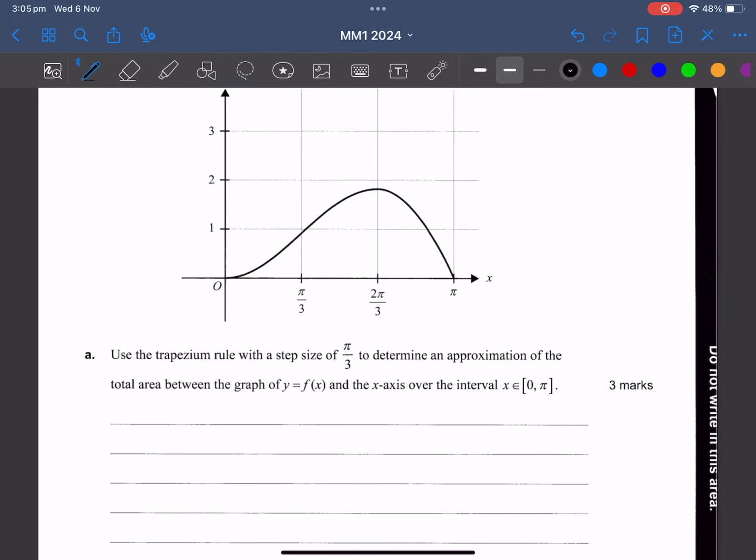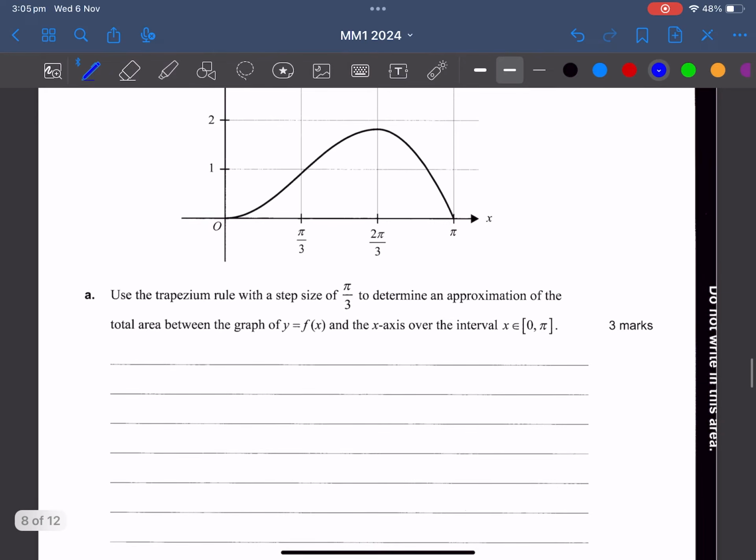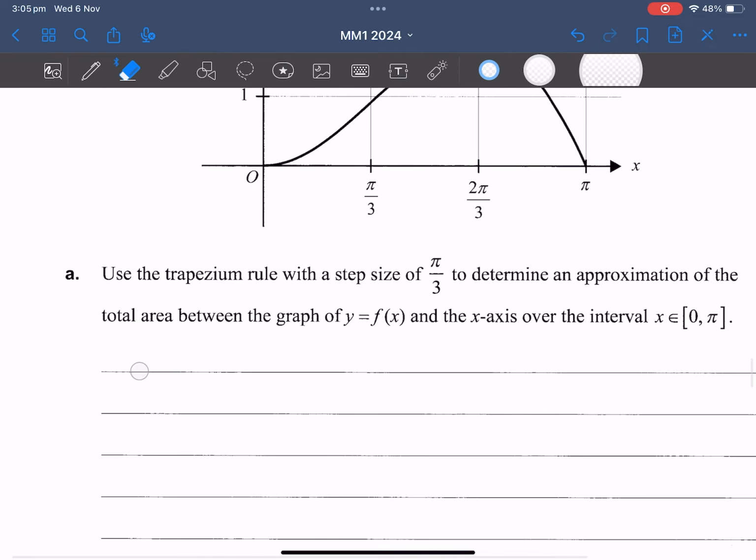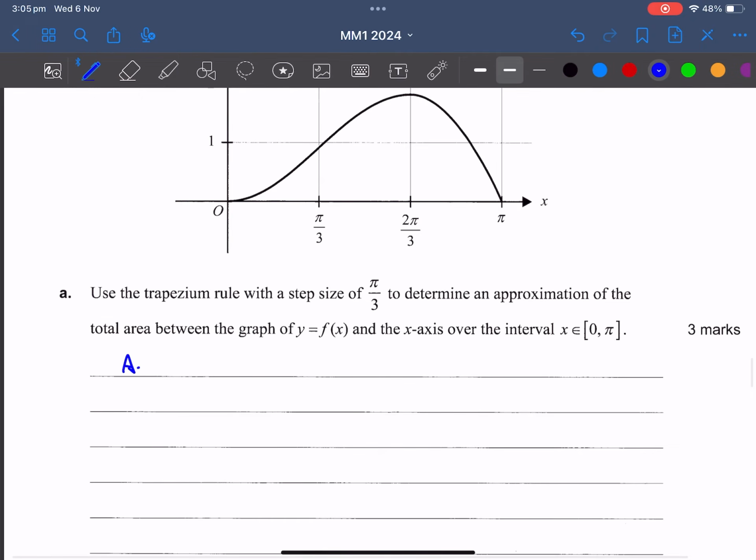For this we can just simply use the area of a trapezium, which is half times (a plus b) times the height. So let us start.